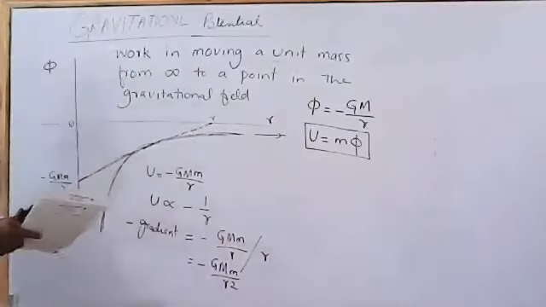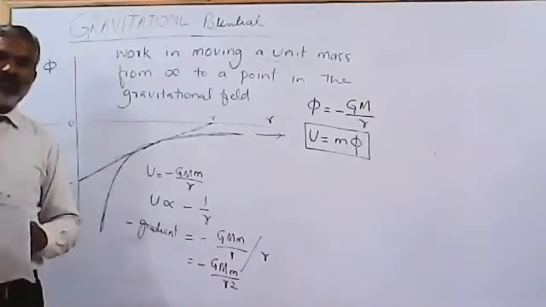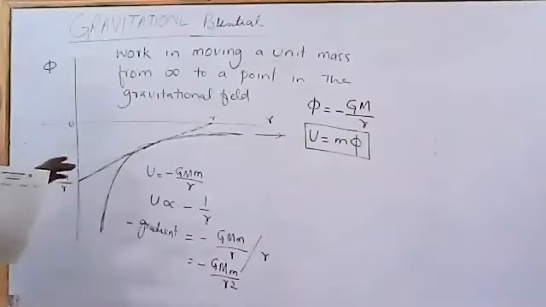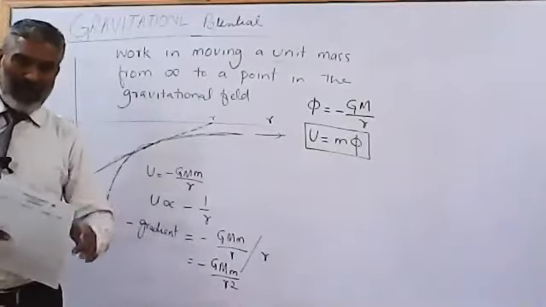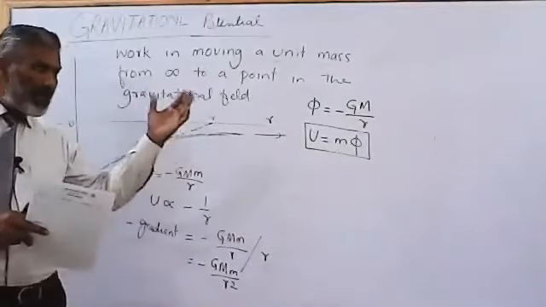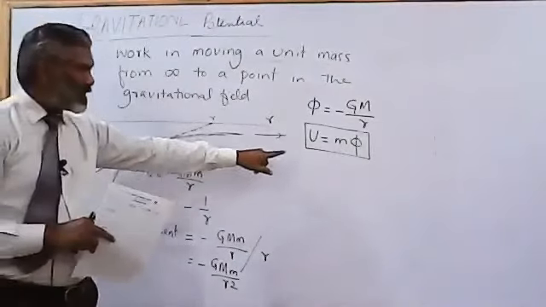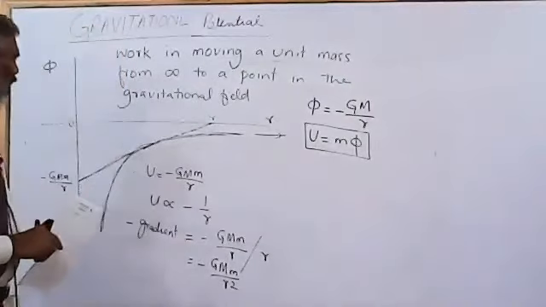So this is the significance of gravitational potential. In other words, gravitational potential is the characteristic of a gravitational field. Various values of potential are defined there, and when we want to bring in any mass at any point in that field, we can easily work out the gravitational potential energy there.